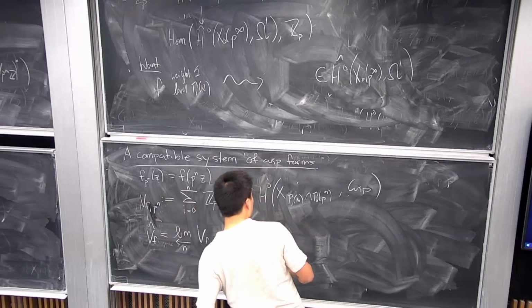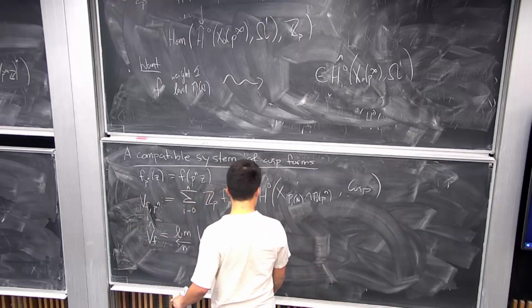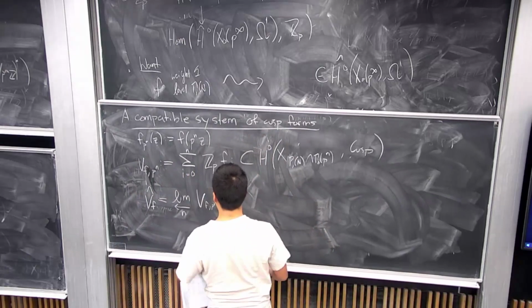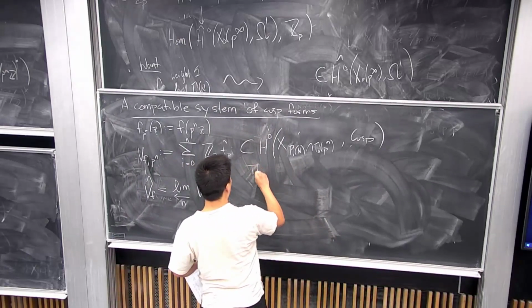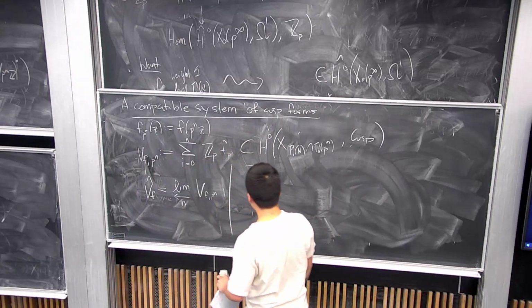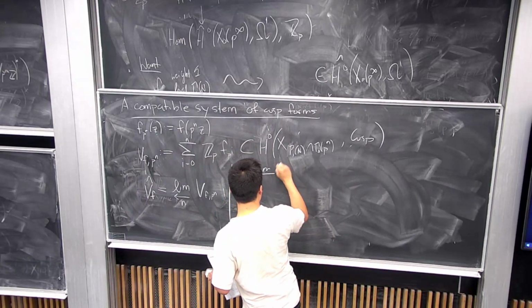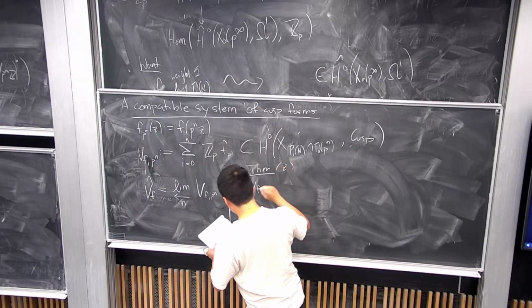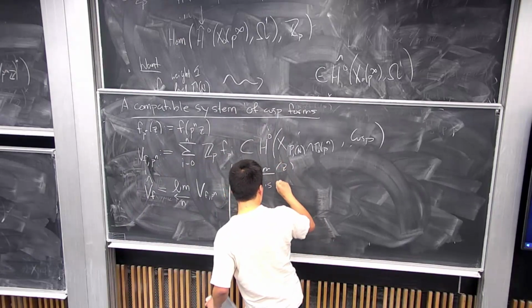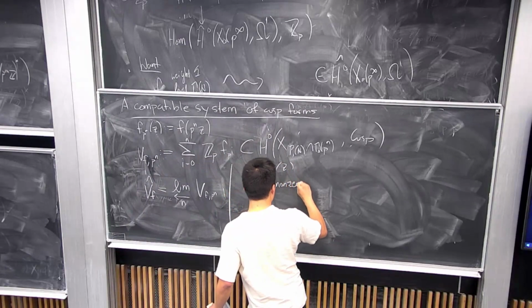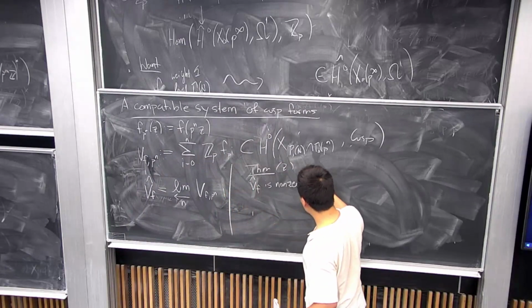And in fact, this space is non-zero. It can be zero if P is 2 or 3.